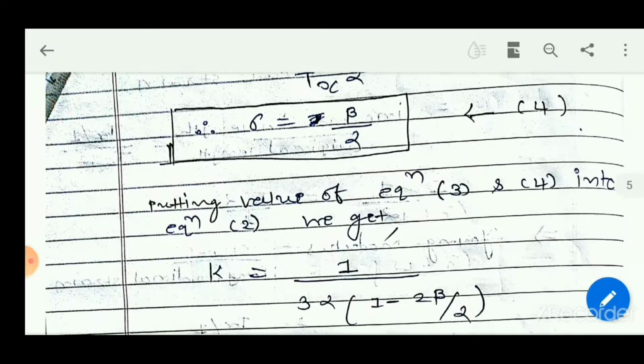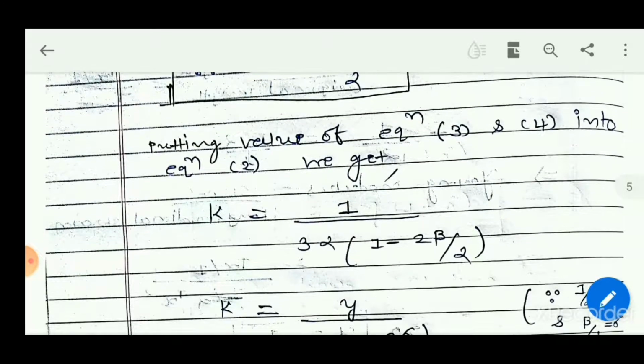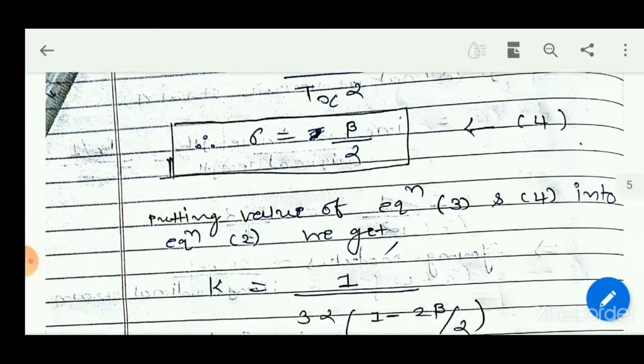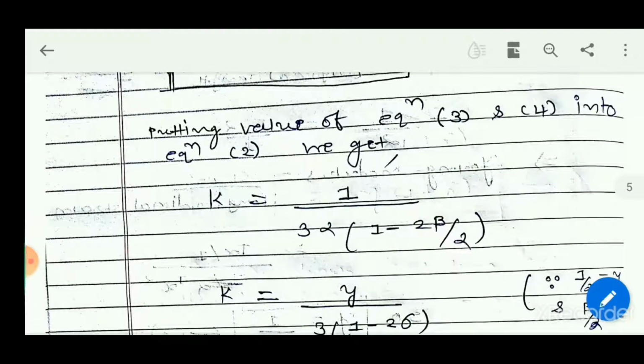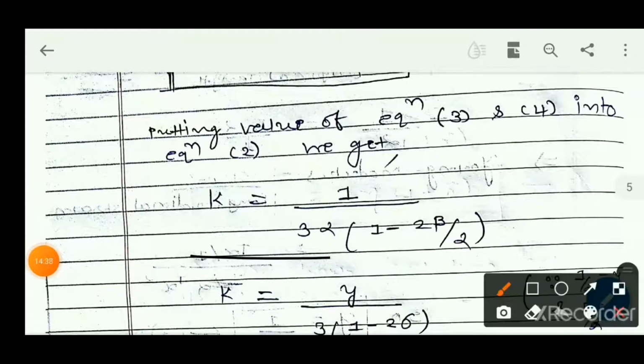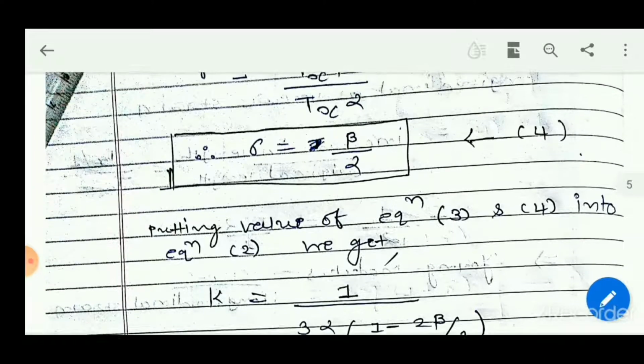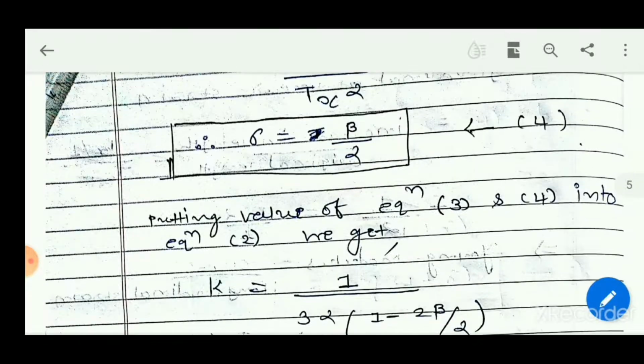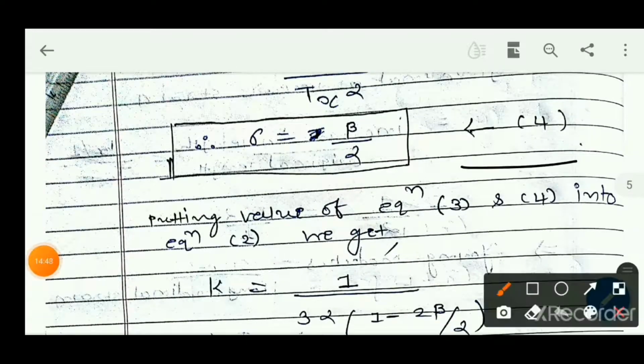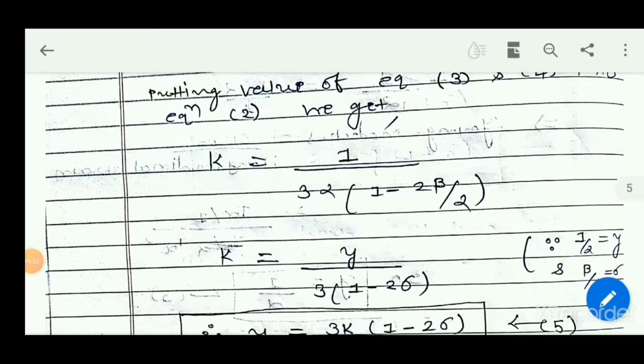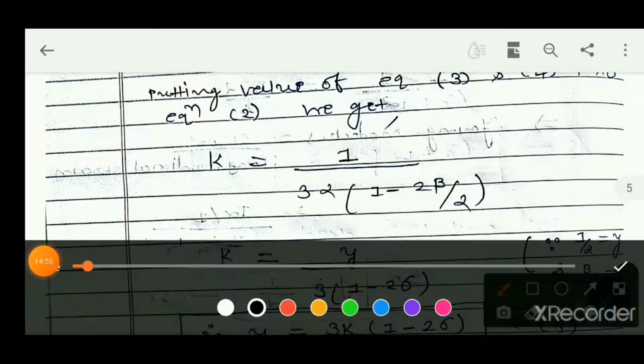So putting the values of equations 3 and 4 into 2. Equation 2, which we derived in case 1, is k is equal to 1 upon 3 alpha into 1 minus 2 beta upon alpha. Beta upon alpha is sigma from equation 4.